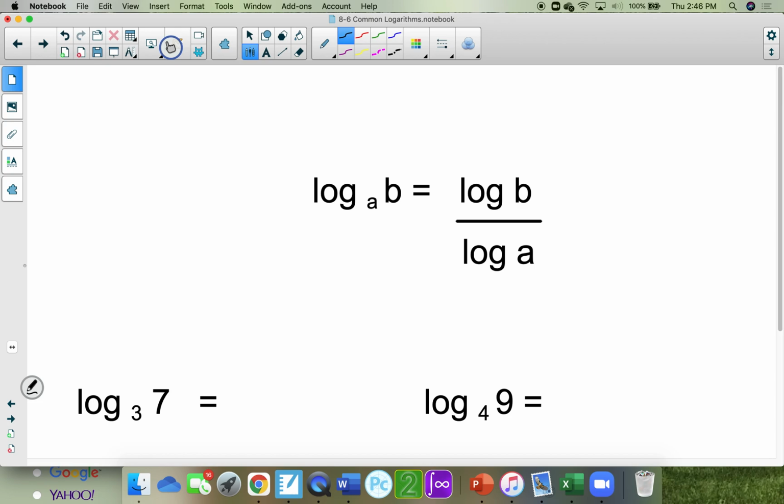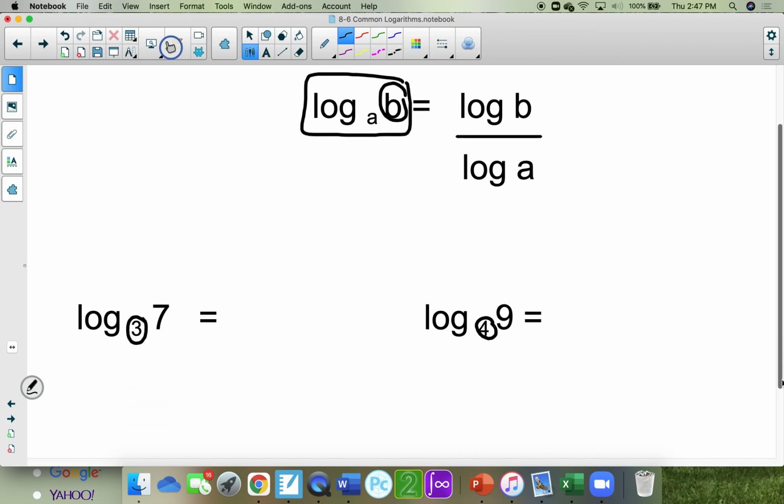And the last part of today's assignment. On the ACT, your calculator only works in base 10. Do you see that there's different bases? All you have to do is take the bigger number and put a log over the smaller number on the ACT. So if you see the log base 3 of 7 on your test, all it is is the log of 7 divided by the log of 3, which is 1.77.